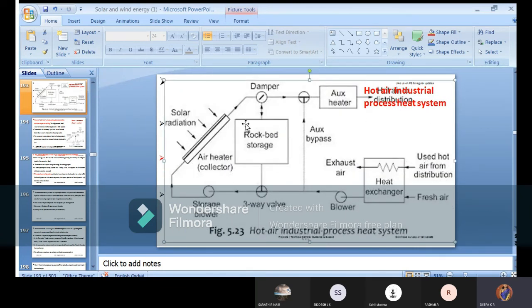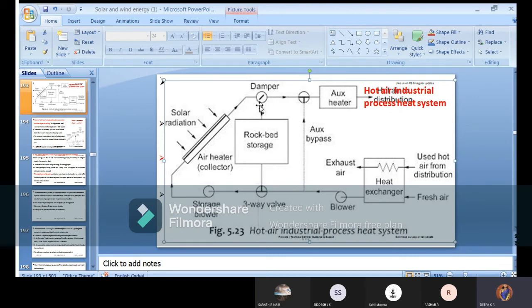You can see a huge set of systems connected back to back here. First, solar radiation, you need a collector. The collector is here. Next, what kind of absorber you are using: rock bed storage, which we have already covered.